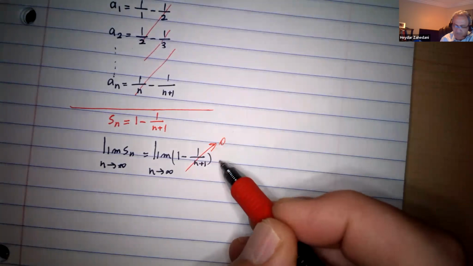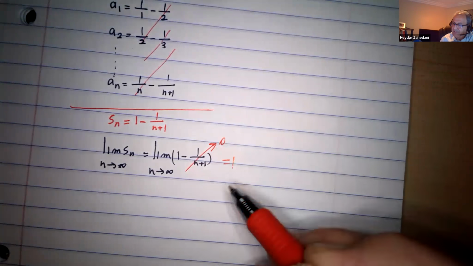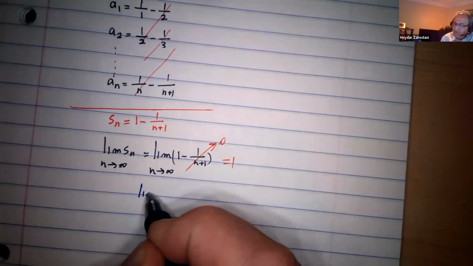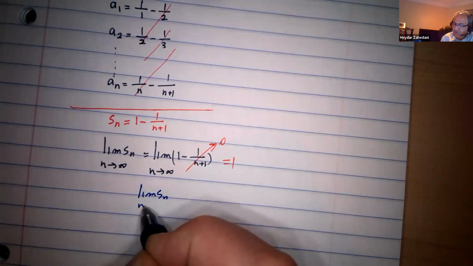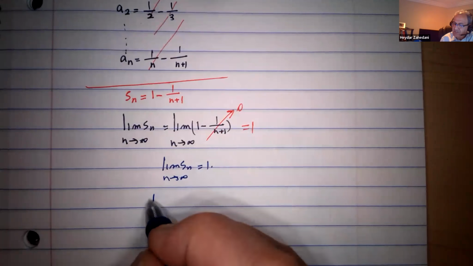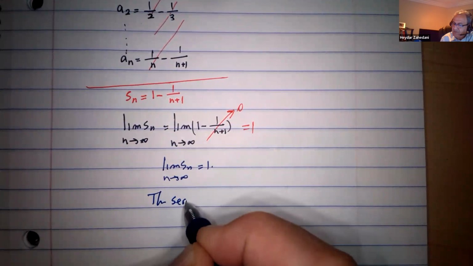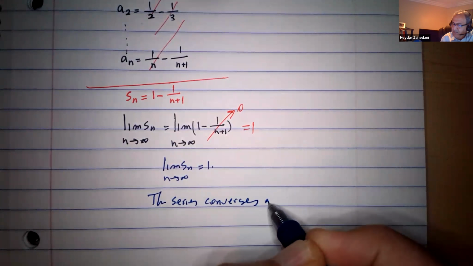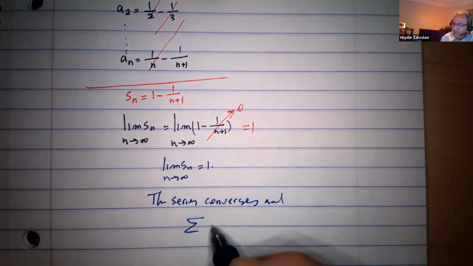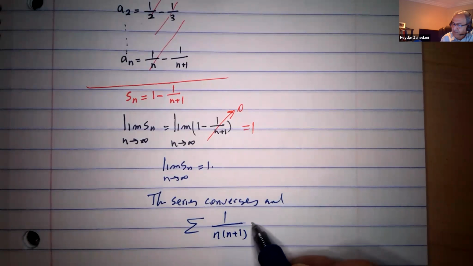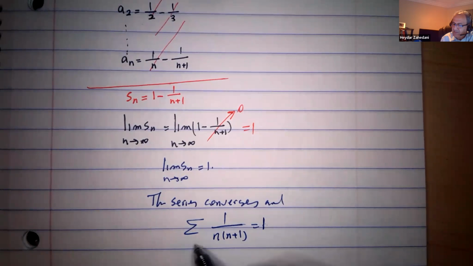So the result would be what? The result would be 1. So the limit of S_n as n goes to infinity is 1. So the series converges. And the sum of the series, sigma of 1 over n times n plus 1, is equal to 1. See, very nice method.